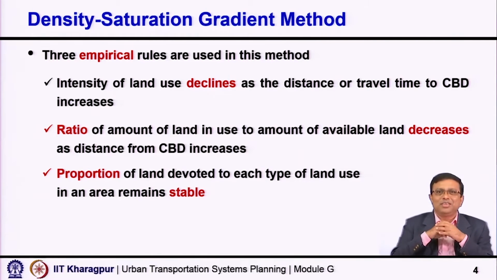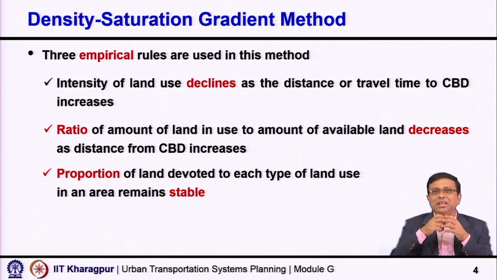Third is again an important consideration. It says that the proportion of land devoted to each type of land use in an area remains stable.